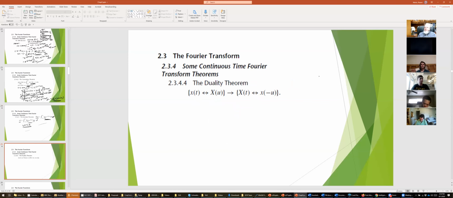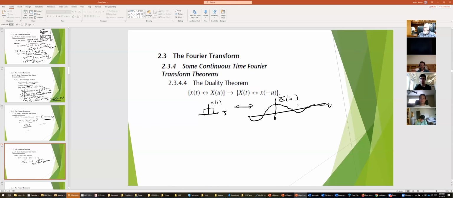I think you all know, for example, that if you have a rectangle function, you'll remember this from undergraduate, you know what it Fourier transforms into, right? It Fourier transforms into a sine x over x function, which kind of looks like this. Hopefully you remember that a rectangle function Fourier transforms to a sine x over x.